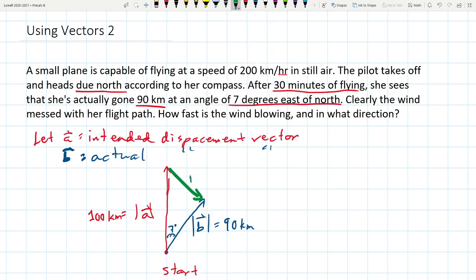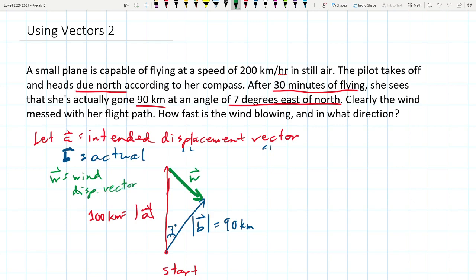So I'm going to call this W, and this W, I'm going to be careful here, W is going to represent not the speed of the wind exactly, but how far the wind pushed her. So I'm going to say wind displacement vector.